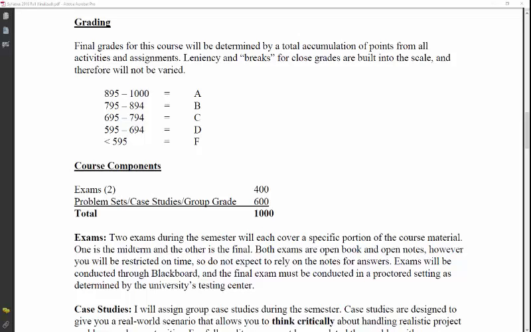The midterm, you can take by yourself at home, but the final, you have to do according to the university testing center's policies. I'm going to send out more detailed instructions about how to sign up for your testing time slot with the university testing center later.